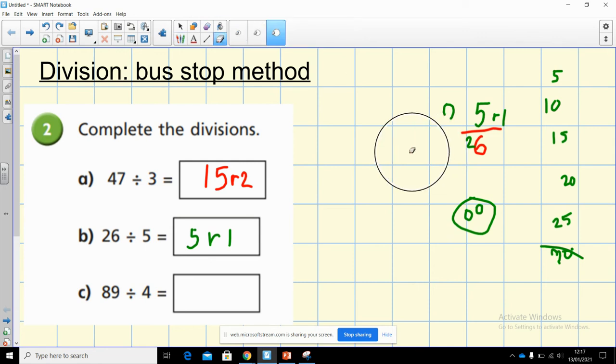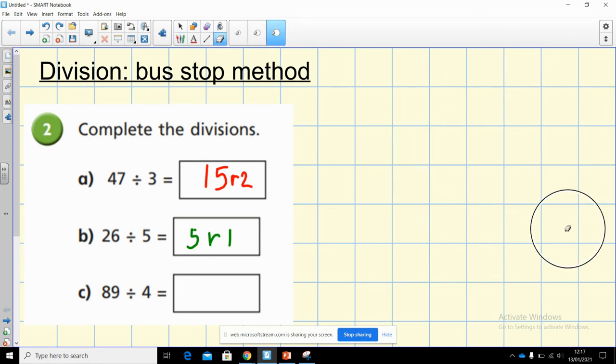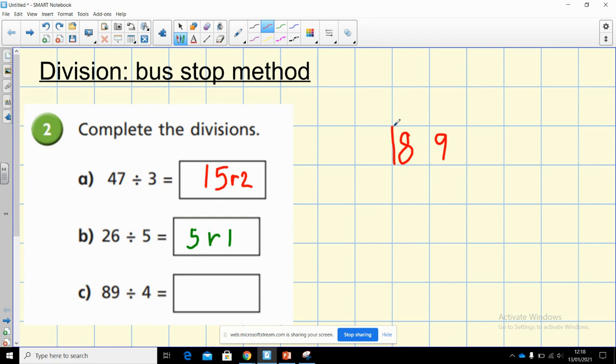These are actually on the Word document today if you're using the White Rose Word document. So let's have a look at another one. 89 is in my bus stop. Yours will be nice and neat with a ruler. Shared by 4. How many times does 4 go into 8? Counting up in my multiples, 4, 8.